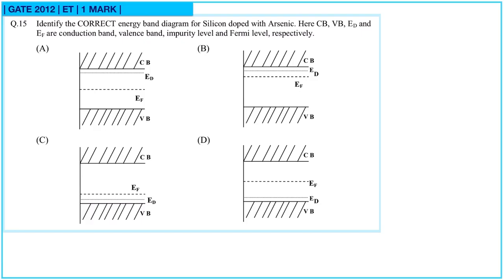Whenever there is doping involved, then this EF is in between E donor and conduction band. So EF should be in between E donor and conduction band. And if it is acceptor level, then it will be in between acceptor level and valence band. Here none of the options is correct, and this was an empty question, that means marks were given to all students.